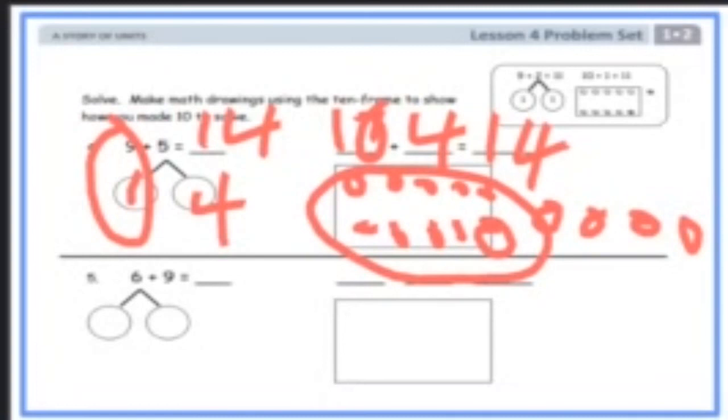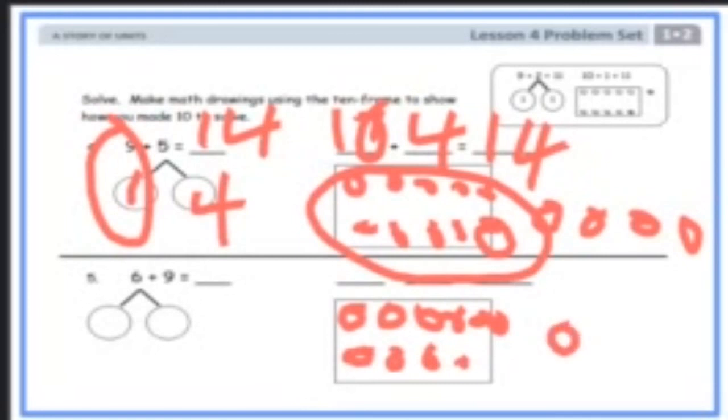Number 5, which is the last for today, it says 6 plus 9, and we're using our 10 frame to do that. So let me draw my 9 first. 1, 2, 3, 4, 5, 5, 6, 7, 8, and 9. And my 6 outside, but remember 1 will come inside.